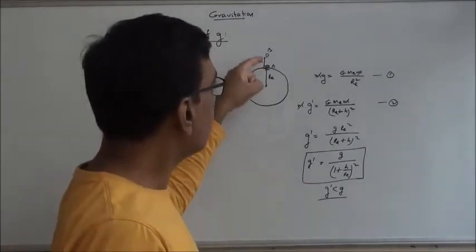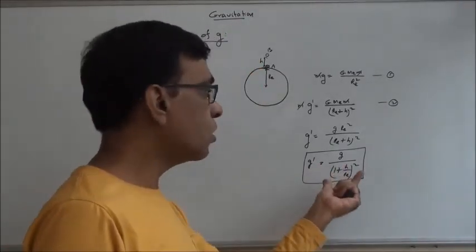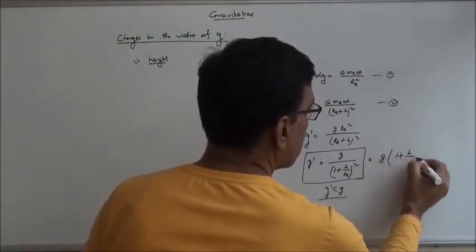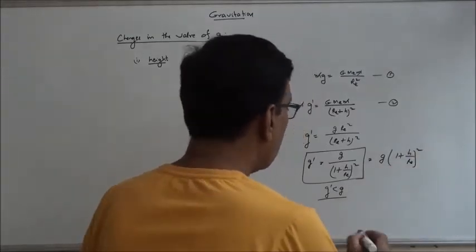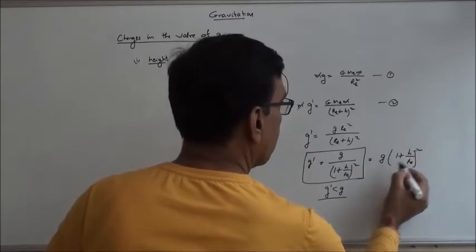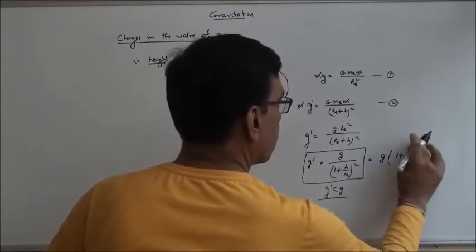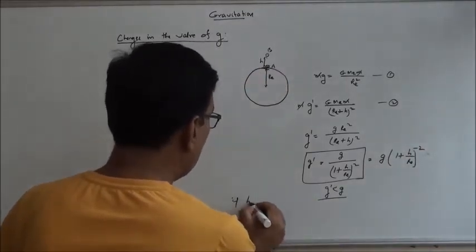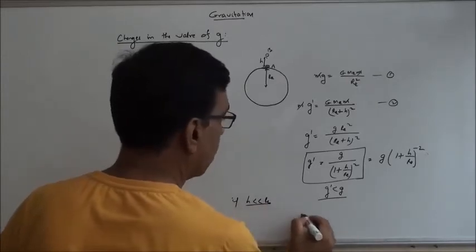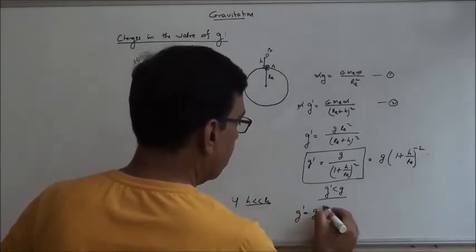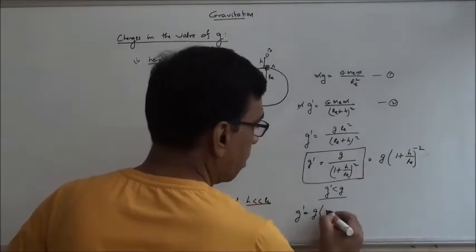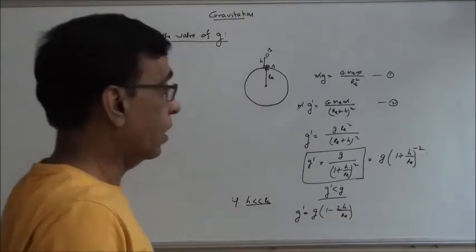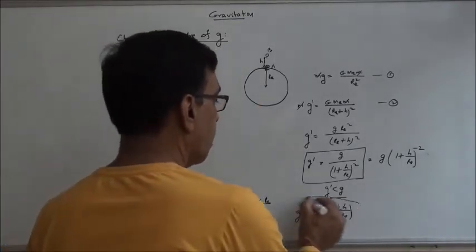So this is the gravitational acceleration now. If h is not very large, then we can use binomial expansion and I can write it as g (1 plus h by R_e) raised to the power minus 2. But that's not always. If h is much smaller than R_e, then (1 plus x) raised to the power n becomes 1 plus nx, binomial expansion, then this will be the expression.